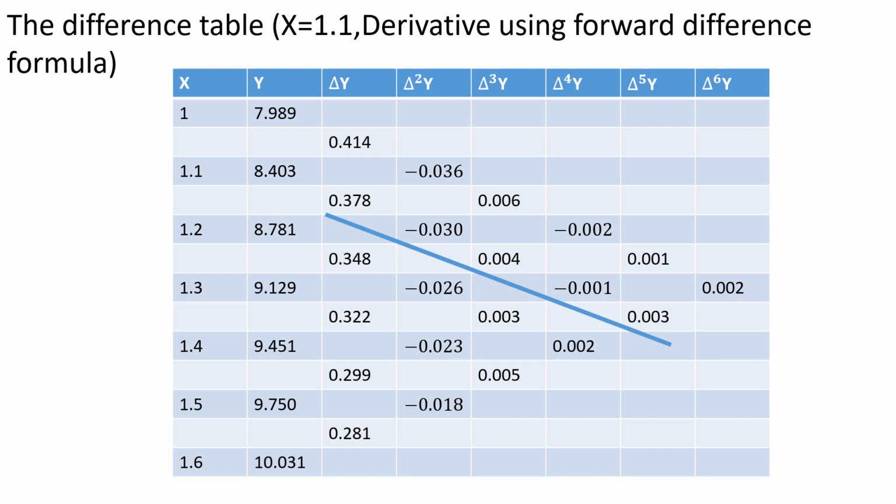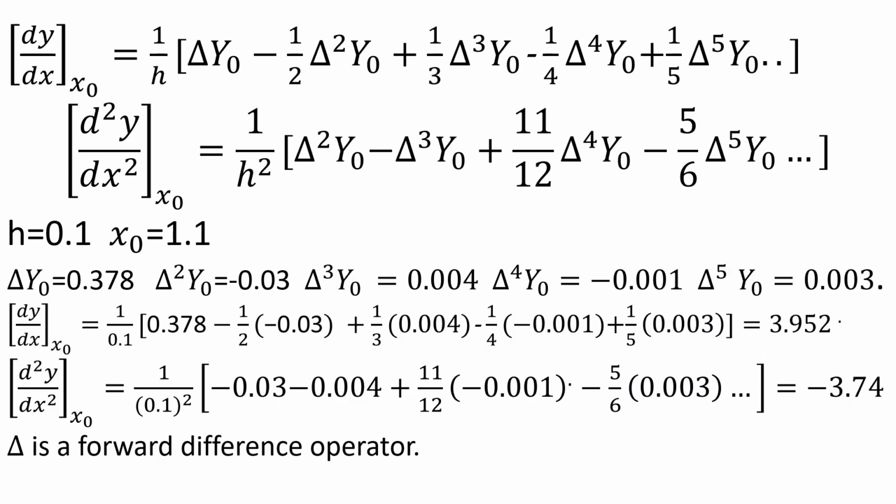Wherever a positive quantity comes, it is positive. Here it is positive because 0 minus minus 0.30 gives plus, so the answer is 0.06. This way you can draw the table in detail first, then we will see the formula.